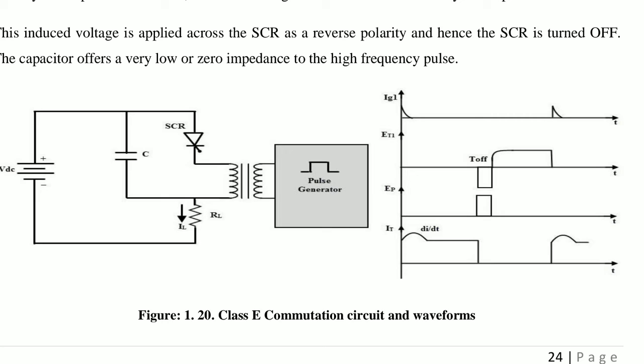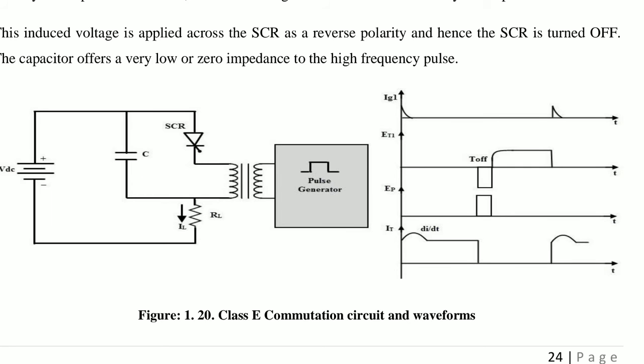So we can say the pulse generator applies a pulse equal to the turn off time of the SCR. Between the second waveform and the third waveform, we can see it clearly. The pulse generator will provide the pulse across this transformer, which is exactly equal to the turn off time of the SCR, that is, T off shown in the second waveform ET1.